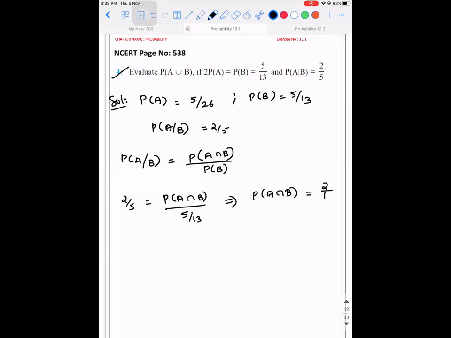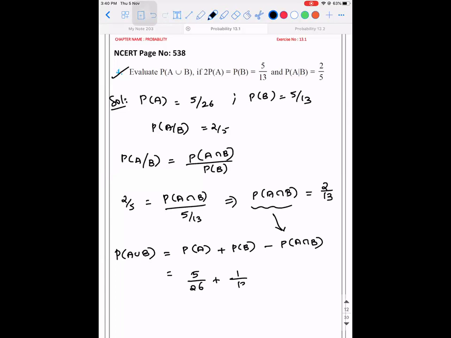2 by 13. Now, why did we find this? Because they asked us to calculate probability of A union B. It is probability of A plus probability of B minus probability of A intersection B. At this point, we need this information. So what is the probability of A? 5 by 26.